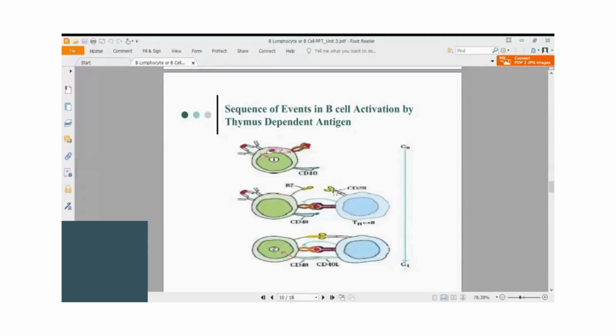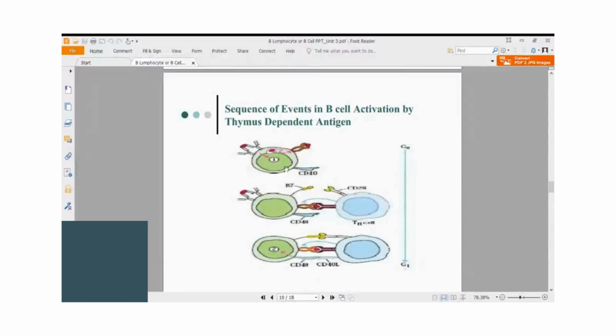So these receptors are also going to establish contact. By then, because of the contact of these three different receptors, this synapse is very, very firm now, and this B cell, T cell conjugate is very firm. By then, the B lymphocyte has gone from G0 stage to G1 stage.